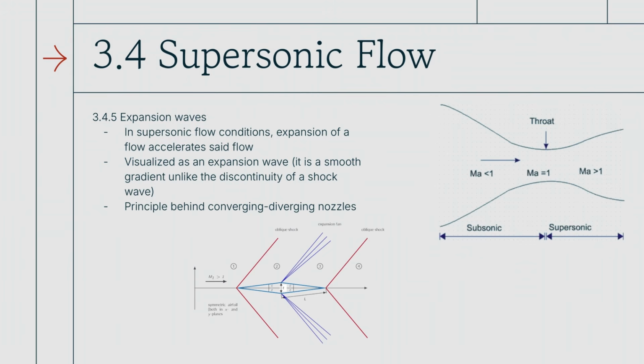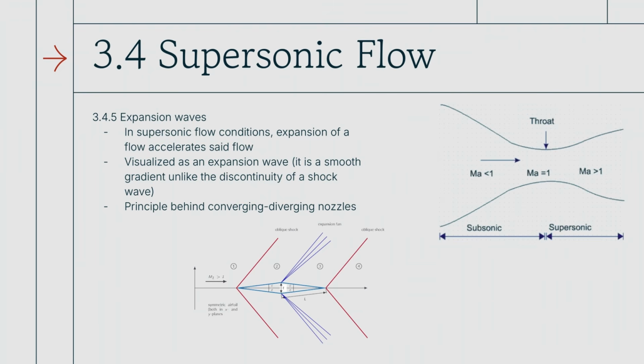All right, expansion waves. This is a fun one. Basically the reverse of a shockwave. In supersonic flow conditions, an expansion of your geometry accelerates your flow. Remember how I talked about the river, and how when you decrease the volume the river can go through, it accelerates the flow?